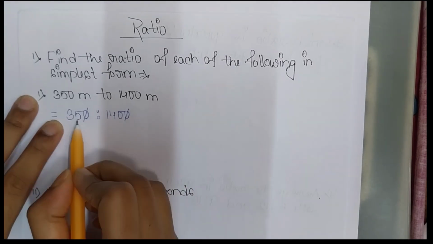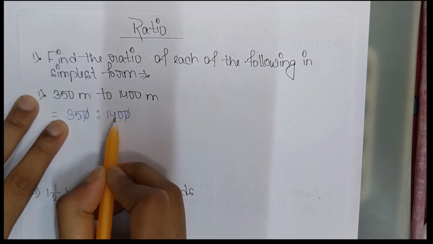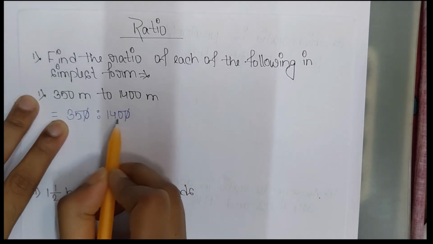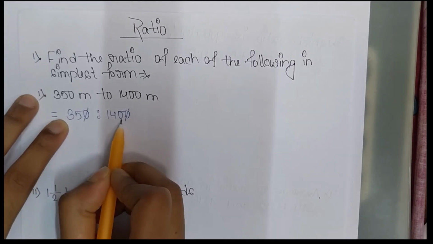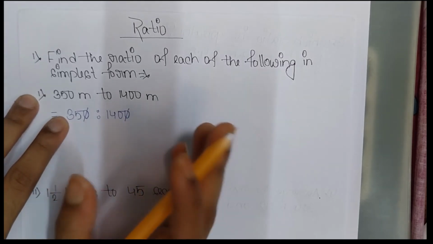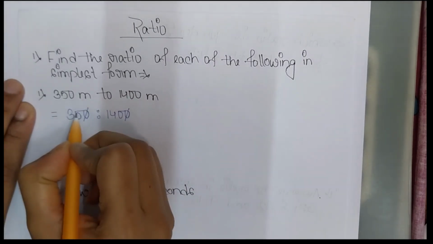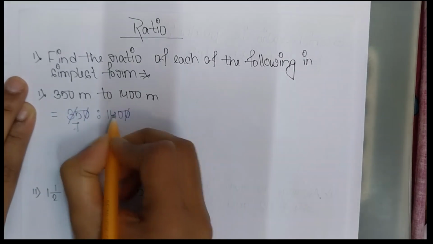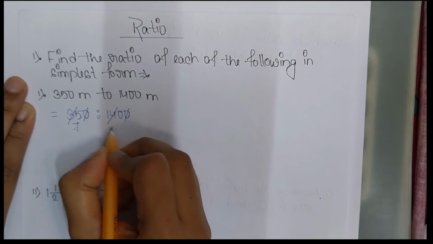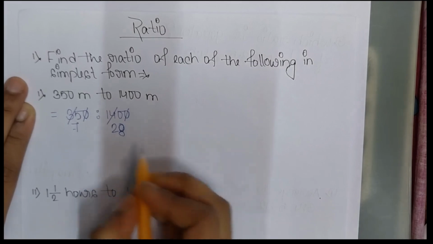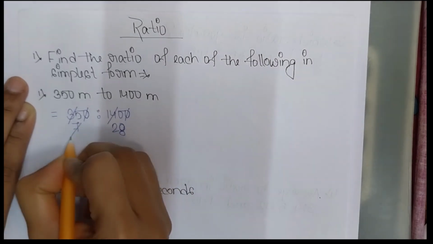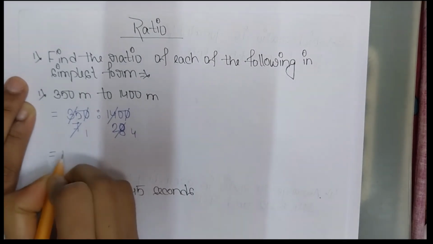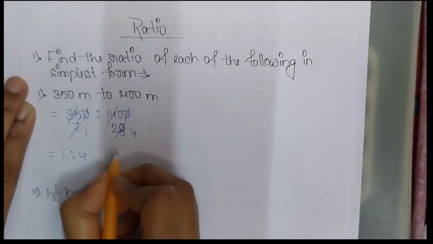We have to cut 35 by 5 and 140 by 5, or 35 by 7 and 140 by 7. We should cut both sides of the ratio by the same number. So if we cut 35 by 7, it will be 5, and 140 by 7 will be 20. Again 5 ones are 5, 5 fours are 20, so it is equal to 1 is to 4.